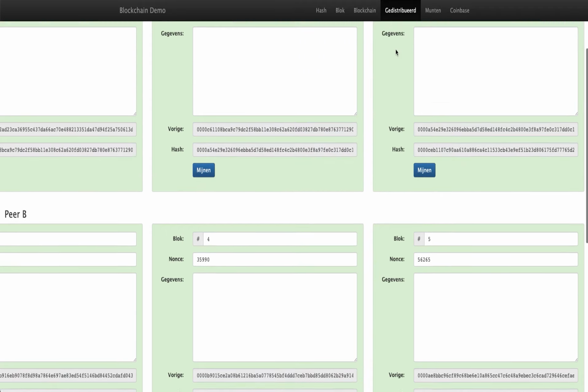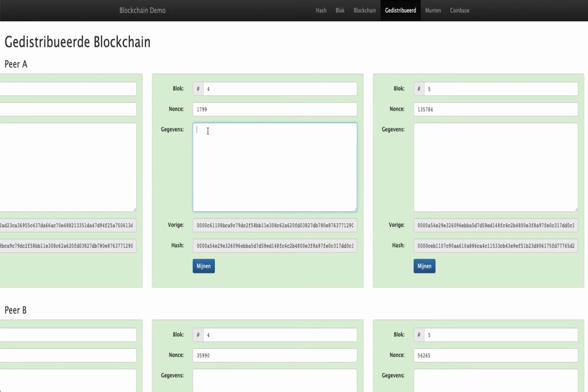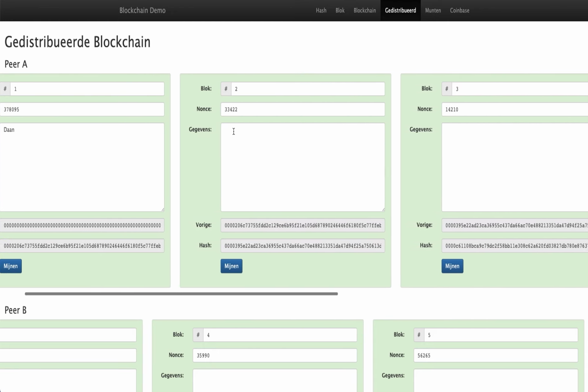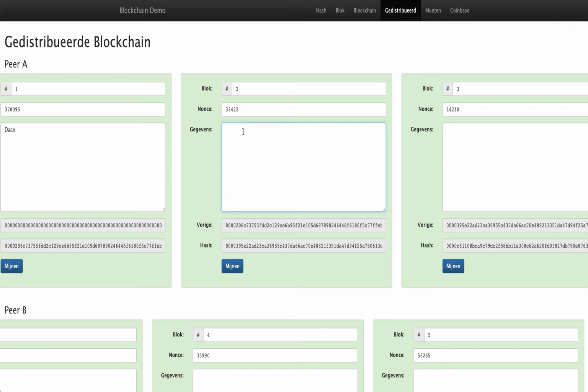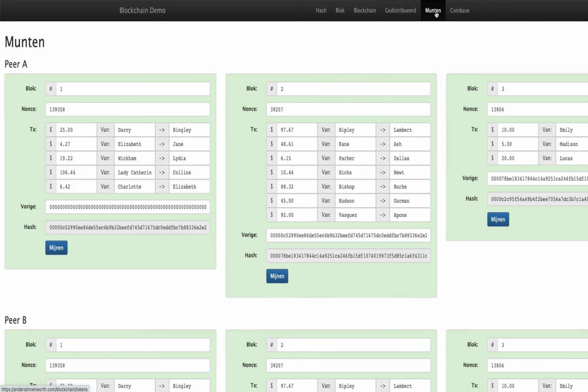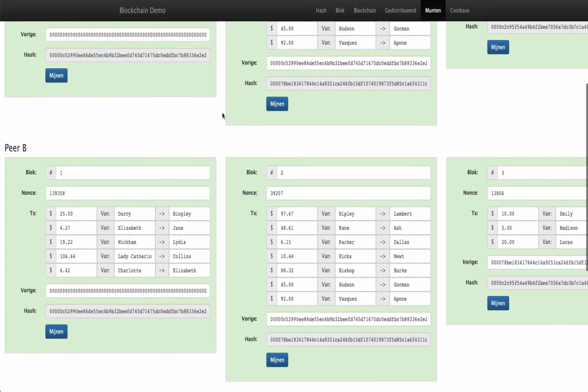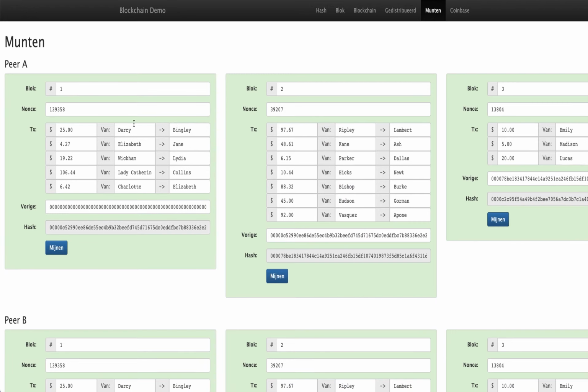We missed something, because the data input in this blockchain, we can put everything we want in it, but to have a really valuable blockchain, we need something in it. We need coins, tokens, like Bitcoin. Here you can see a distributed blockchain with transactions in it.